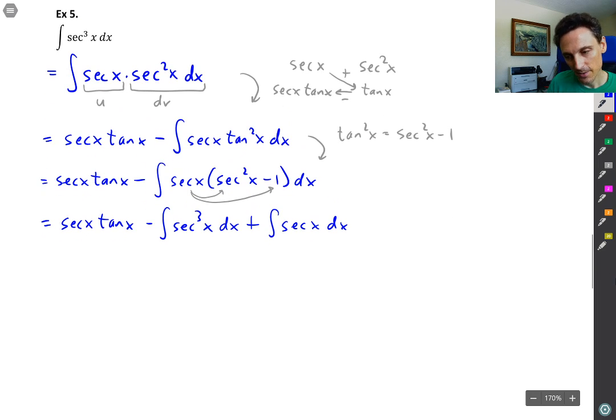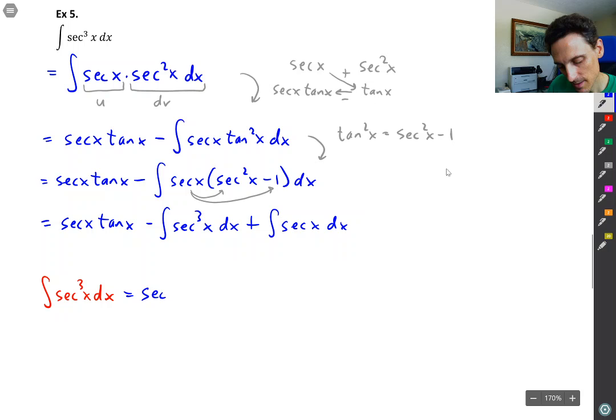Let's write out a step here to help us out. So we're going to write the left-hand side, which is secant cubed x dx, is equal to the right-hand side. So that's all of this stuff, the secant x tangent x minus and all this other stuff here.